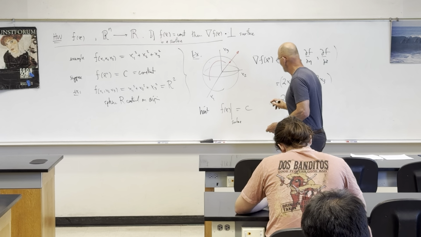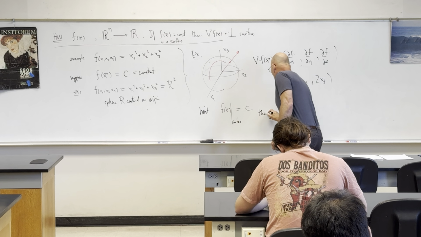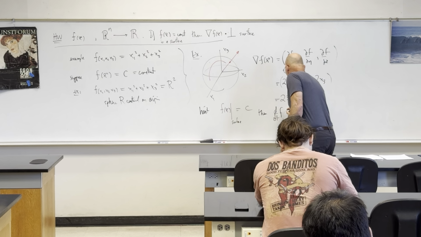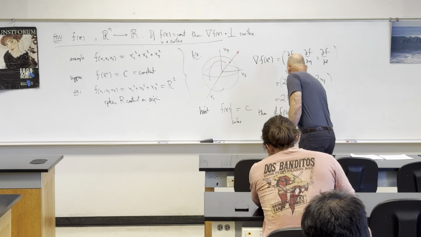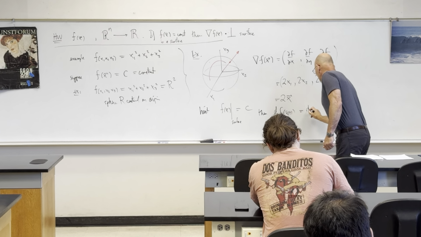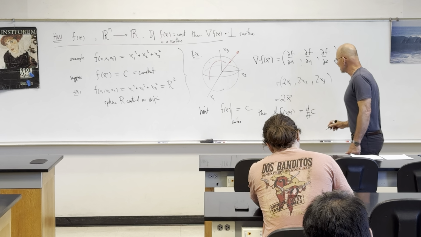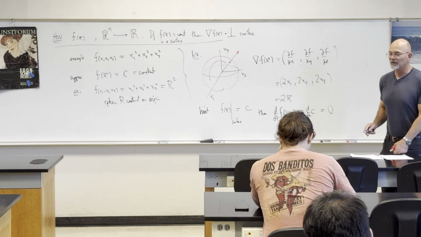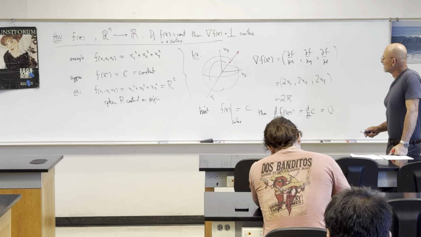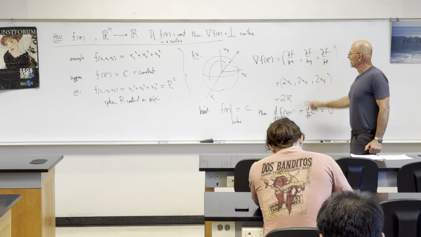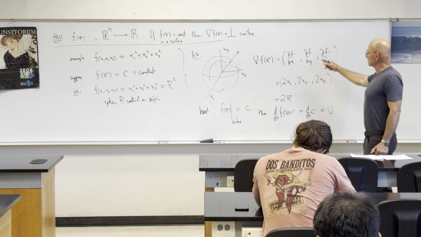Then d over dt of f of x of t, using t as a parameter, is equal to d over dt of a constant, which is 0. That gets you to the solution really quickly, and it's pretty interesting. You still have to interpret it correctly, but this example was geometric right away.